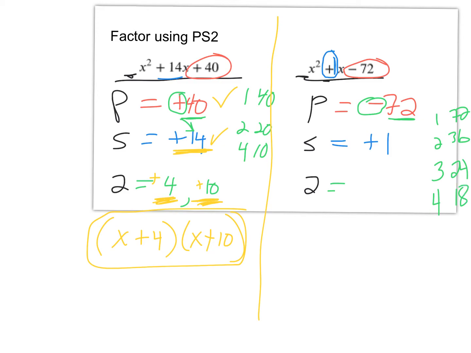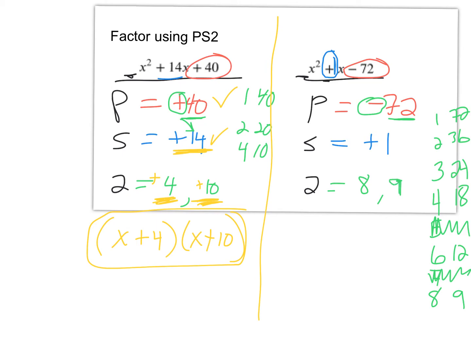That's a no. Is it divisible by 5? Nope. 6 and 12 is 72, but that subtracts to 6, not 1. So we got to keep going. 7. No, it's not divisible by 7. 8. Well, 8 times 9 is 72. And 9 and 8 subtracts to 1. So I got my numbers. 8 and 9.